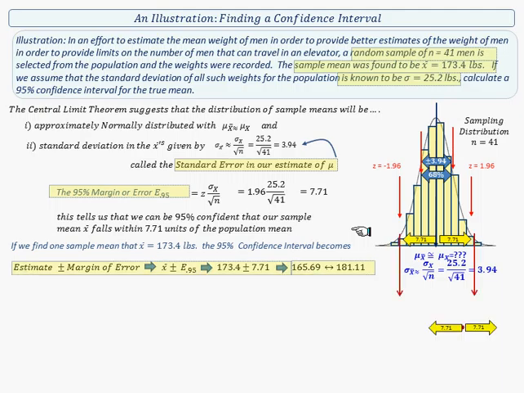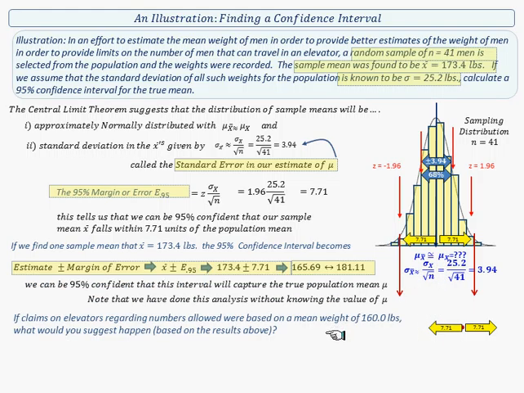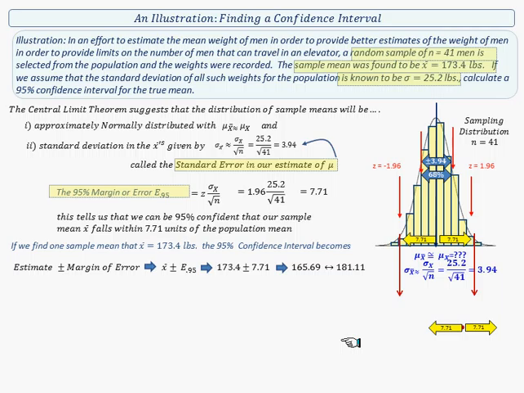And that is effectively a dot somewhere here, and there's a 95% chance this interval will capture that true population mean. If the elevator claims were based on a mean weight of 160, then we should change the contents of the signs to a lower limit.